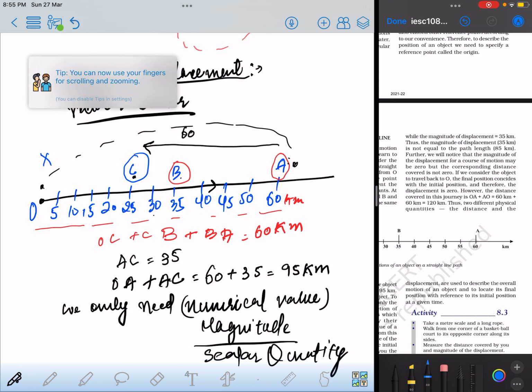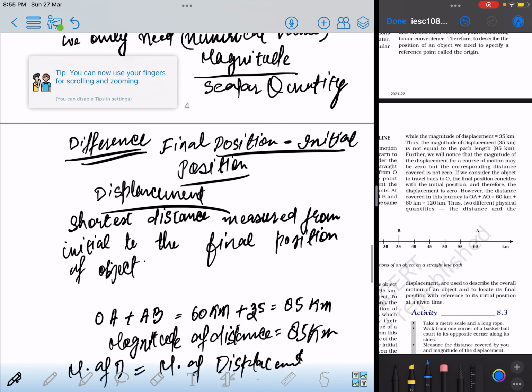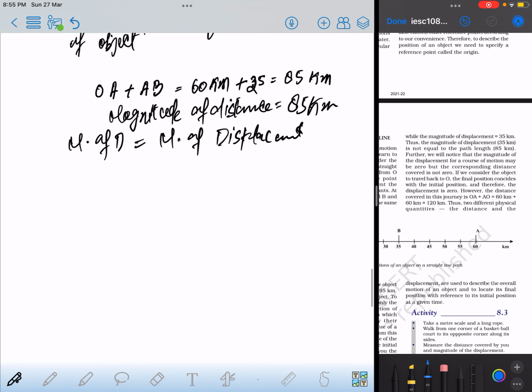Actually, one more definition which I try to add here for the distance is the total path covered by the body.